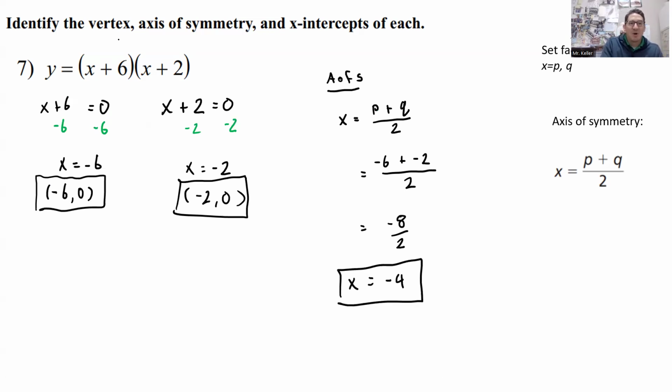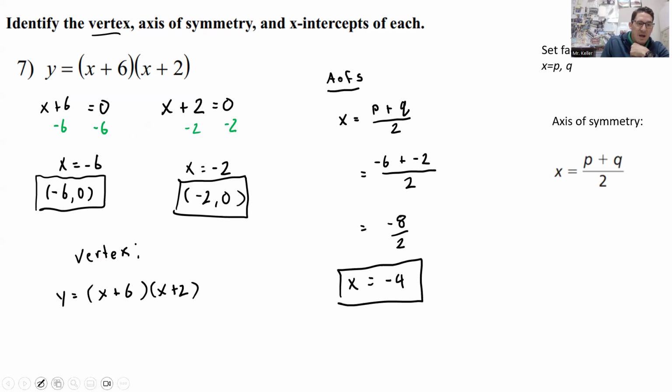And then the last part is the vertex that we need to find. The vertex, just like we did in standard form, once you have the x, you're going to start with your original equation and replace the x with our axis of symmetry.